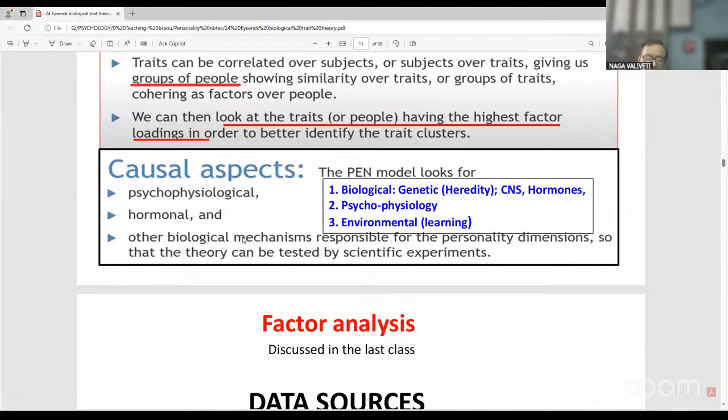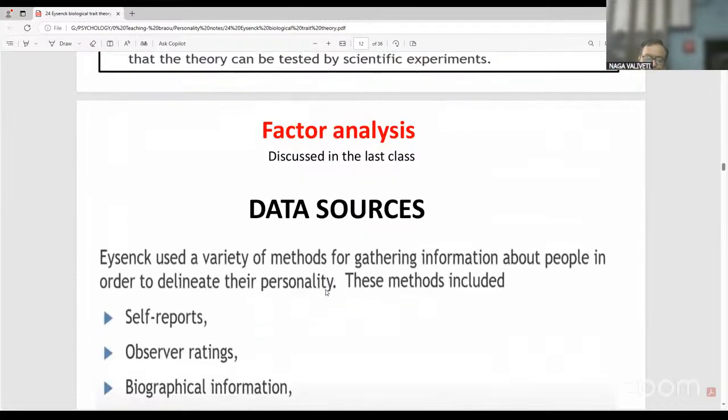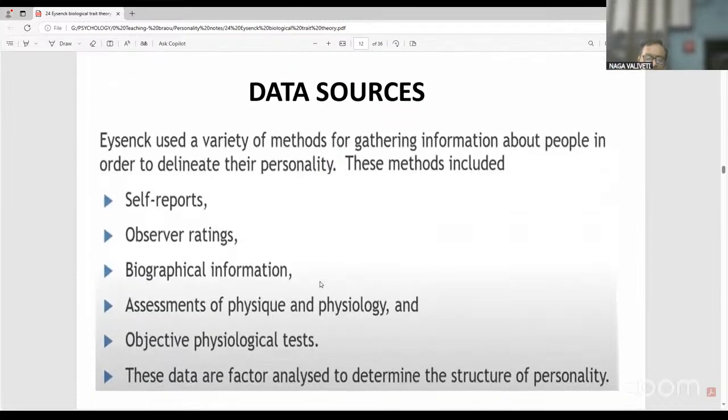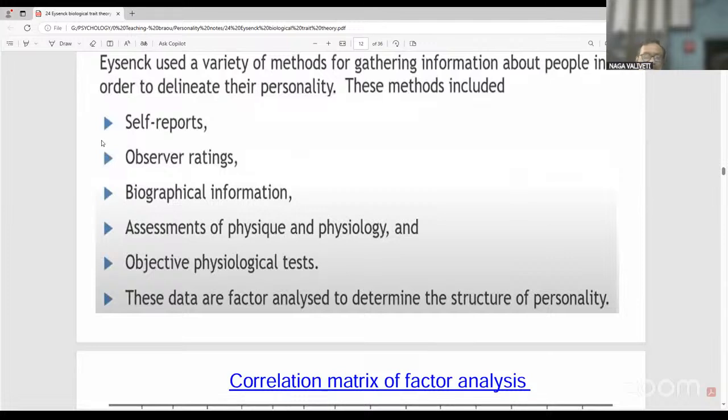What is the causal factor? Biological, physiological, psychological, and environmental factors, all together, will cause our behavior or personality. For factor analysis, he collected different data: self-reports and observations. Self-reports come under questionnaires, Cattell's Q data. Observation ratings come under L data.